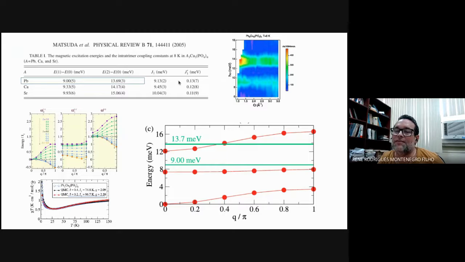But remember that they did it with only three spins.